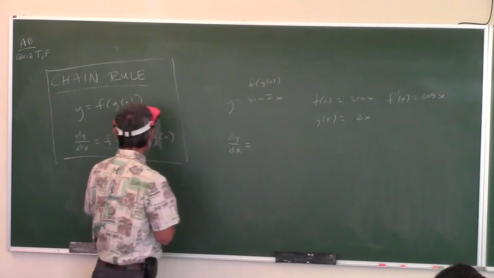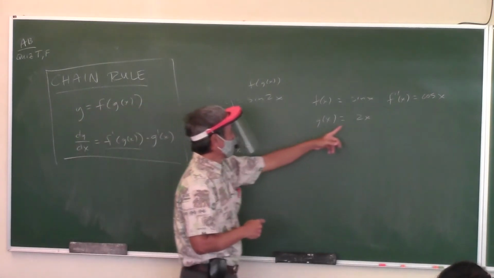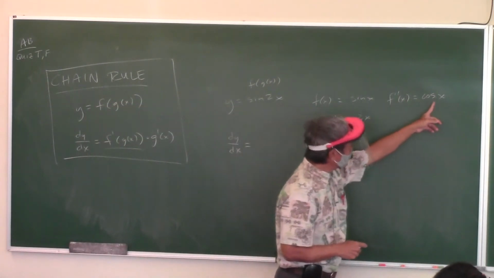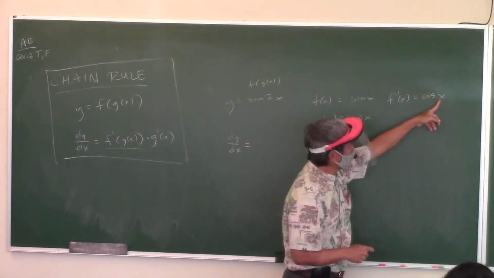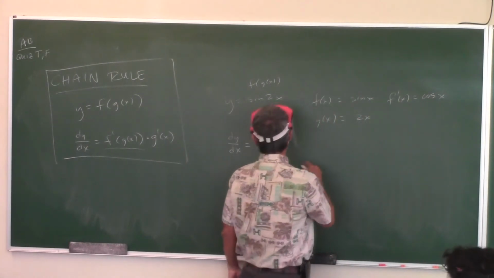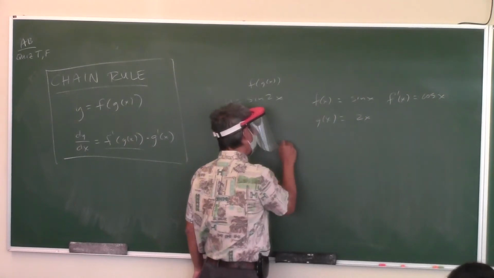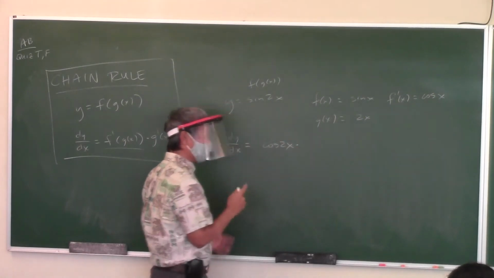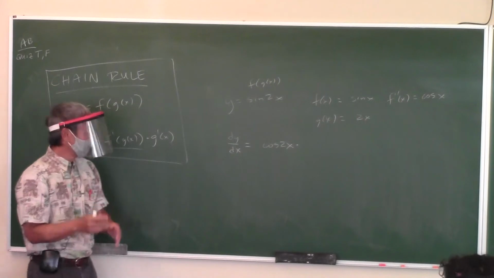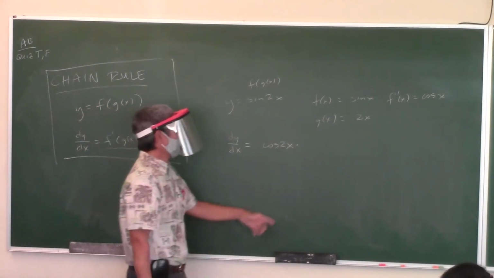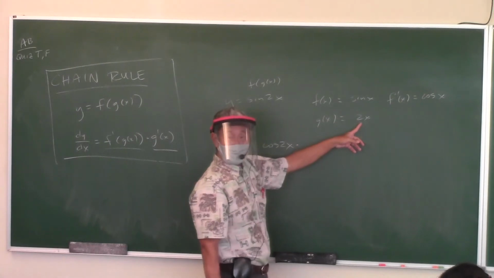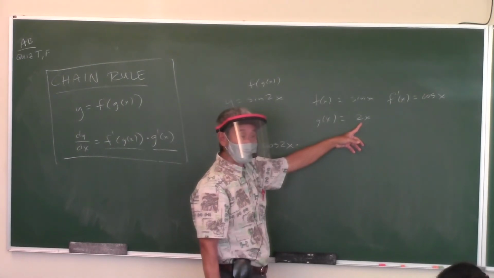So I have to plug in g of x, which is this, into the derivative of f. If I take this and plug it in there, what do you get? You get cosine 2x. But then, and here's the most important part of the chain rule, you gotta multiply by g prime of x. Well, if this is g of x here, what is g prime? 2.